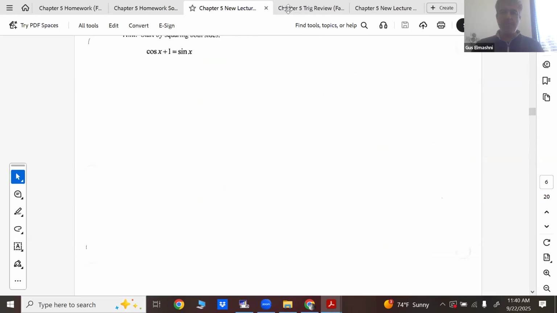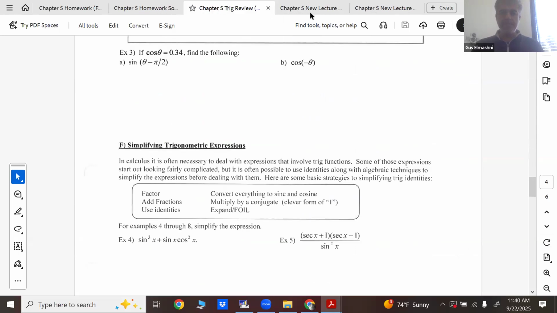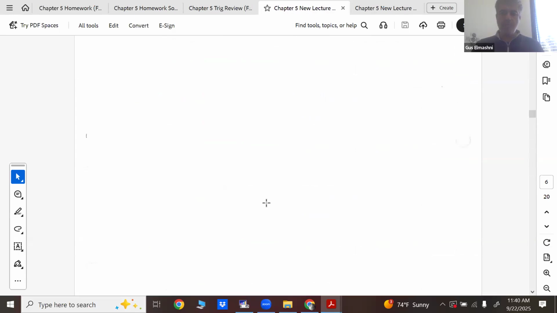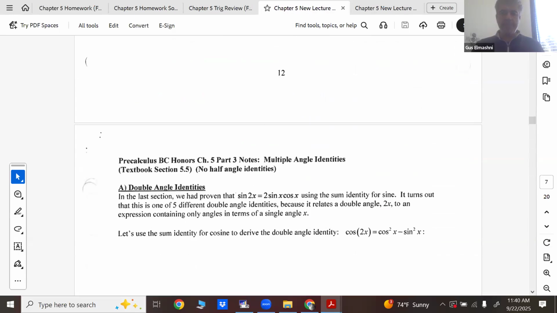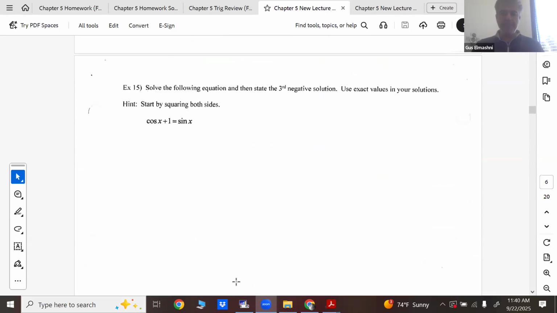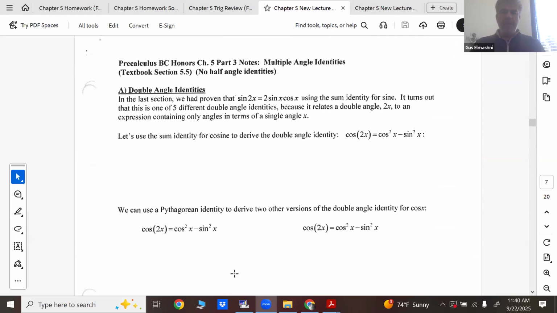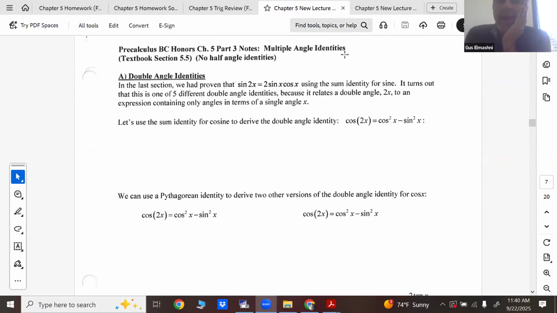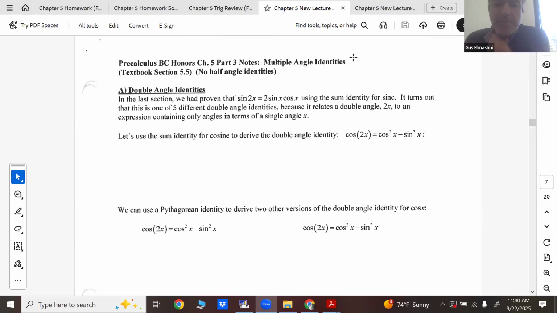Here we go. Okay, so multiple angle identities. So we're at the top of page 13 of these notes.